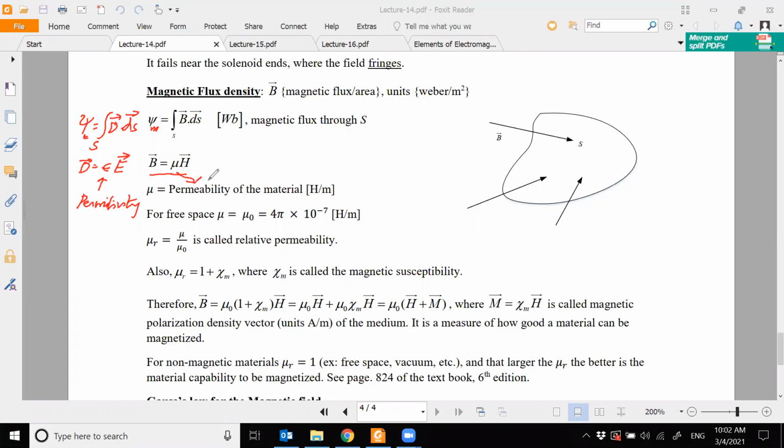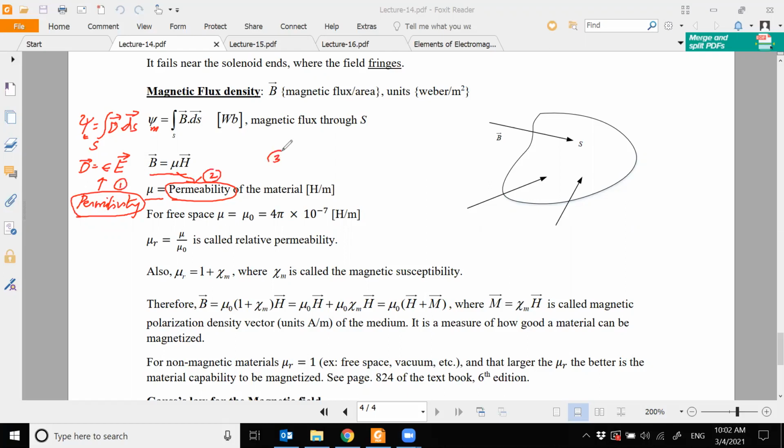These are two very important properties which define the material. Besides this, there are two more properties. This is one, this is two, and the third one.